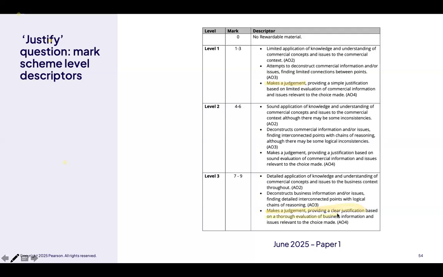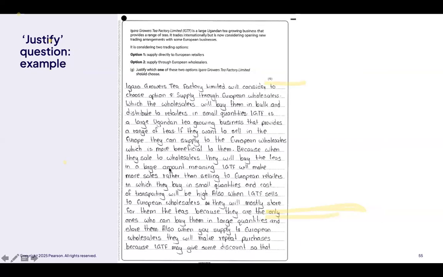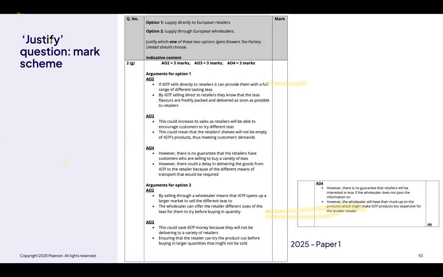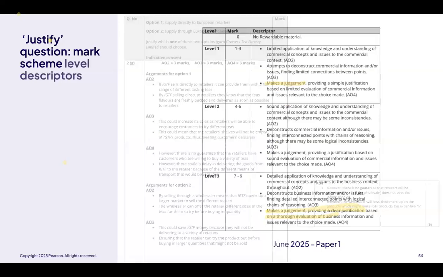That's why the mark scheme is so useful. Look at AO4: those are the balancing points for option 1, and on the right hand side of your screen, AO4, those are the balancing points for option 2.